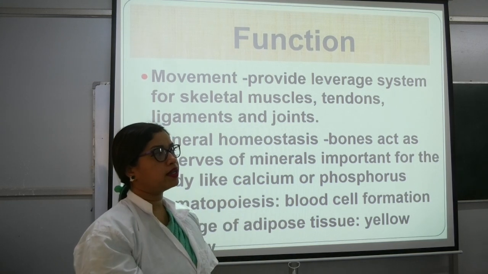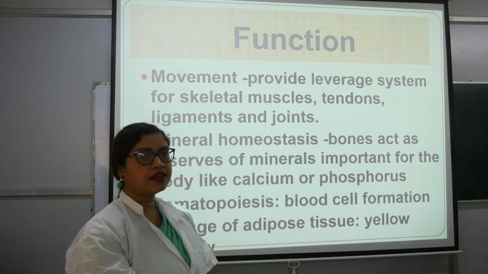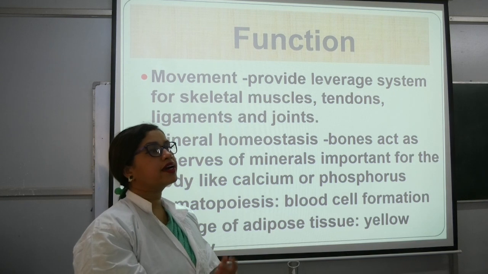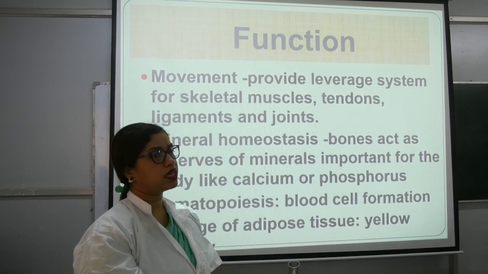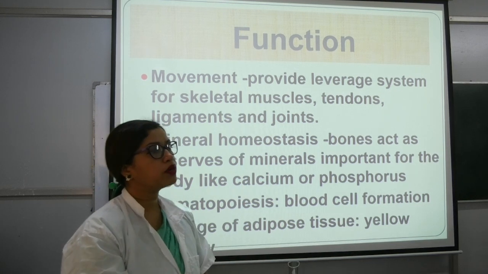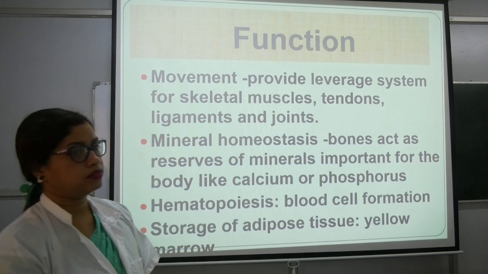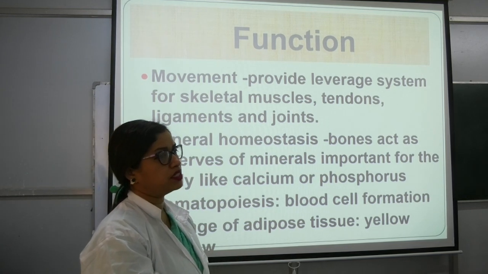We have 206 bones. Iliac crest. Okay, another one is sternum. So these are the chief parts where we will get the bone marrow. And for whom, who has blood cancer, this bone marrow transplantation is very much needed.